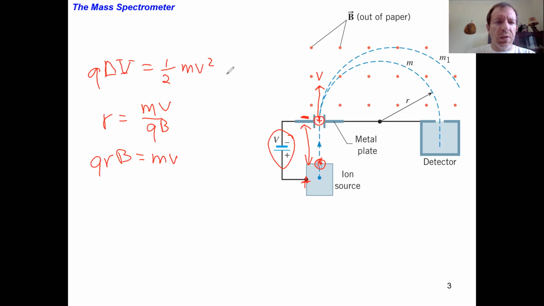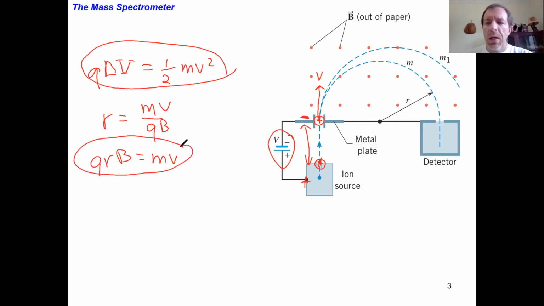Because I would like to take these two expressions and meld them together, because there's no easy way to know the velocity of this charged particle. But if I know the voltage I'm supplying, then maybe I can figure out exactly what's going on.